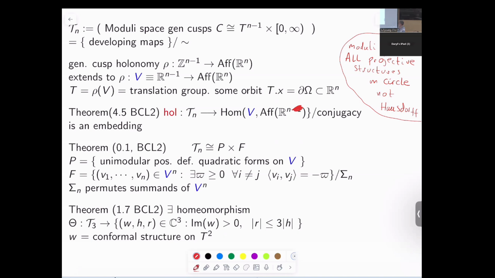You can think of the universal cover of the torus as R^(n-1), and sitting inside the universal cover you've got this lattice. So you think of the fundamental group as the integer points in the universal cover. The holonomy is defined on the integer points of the lattice, but it actually extends to be a map of the universal cover into the affine group. Is that making sense? Yeah.